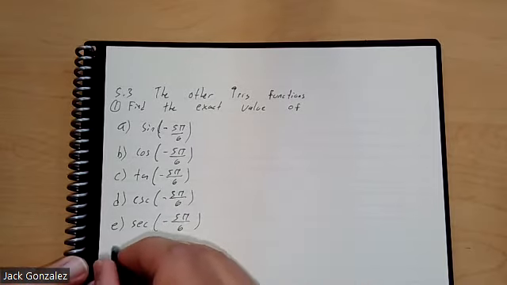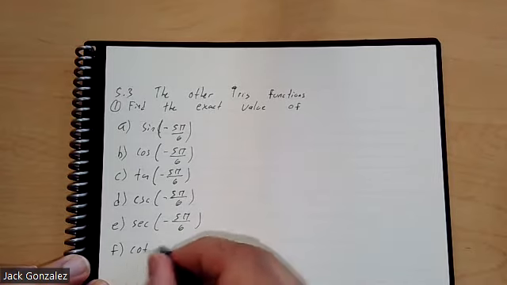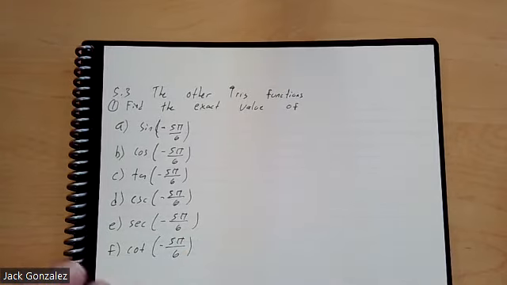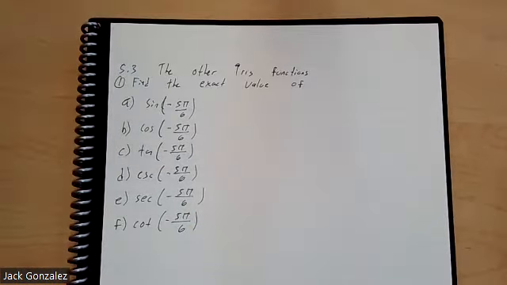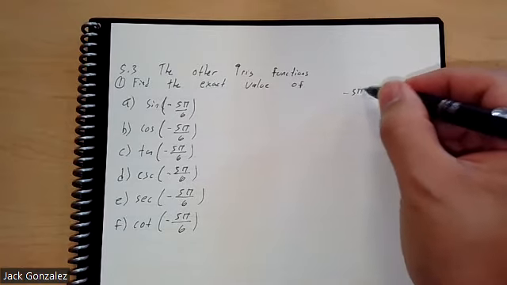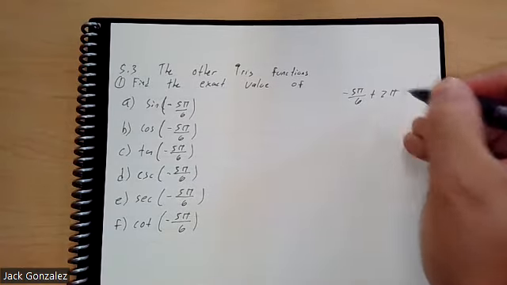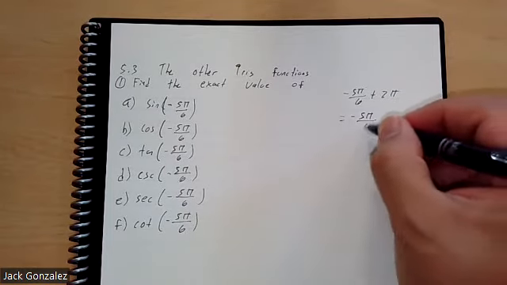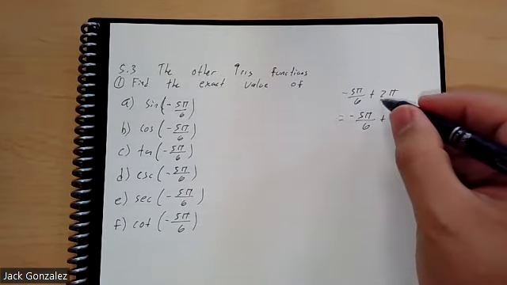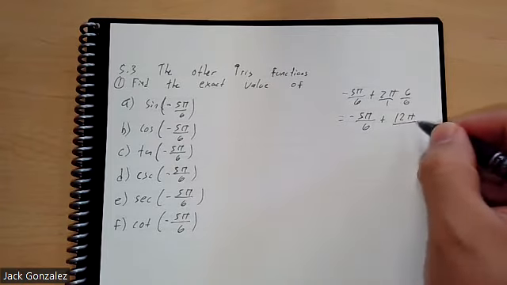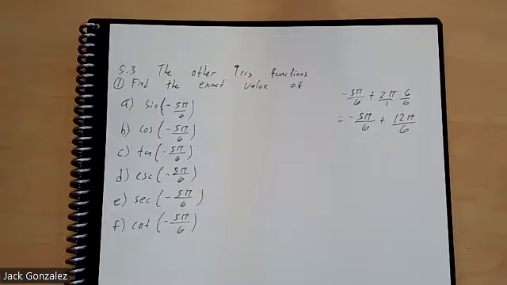Okay, and then cotan. So the first thing I want you to do is adjust, because that angle is negative, right? If it's negative, just add 2 pi. We'll do that over here. If you add 2 pi, that'll be the same as multiplying by 6 over 6. Negative 5 plus 12.